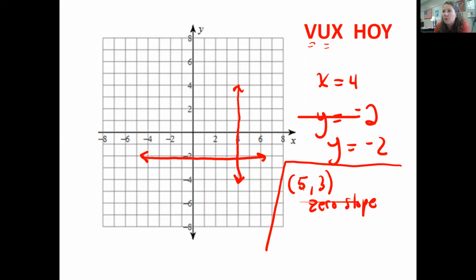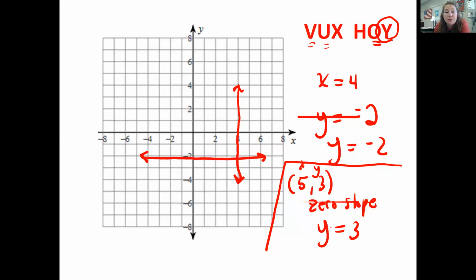Well, 0 goes with HOY, doesn't it? That tells me if I have a 0 slope, it means it's a horizontal line, and only a y is in the equation. I'm going to look at my y value, and it's 3, which means my equation must be y equals 3.